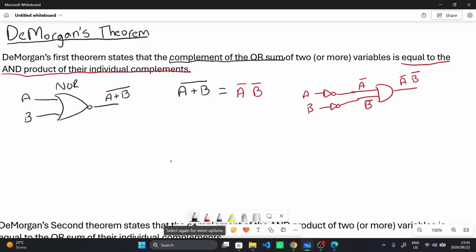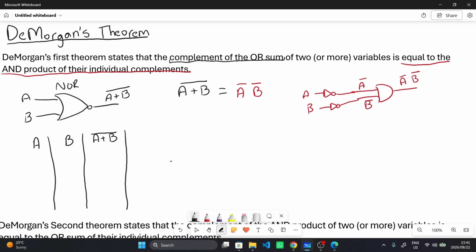Let's see if that is true with a truth table. So we have our A input, we have our B input, and we have our A plus B complement, and then we have our A complement times B complement, right?